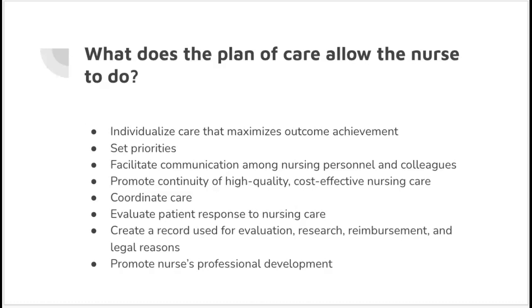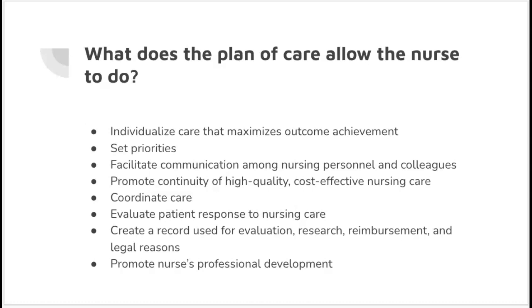So we want the patient to know what we're planning on doing, so that they're involved in their own care and have some independence, and this will help the patient, once implemented, so that it can result in prevention, reduction, or resolution of patient health problems.